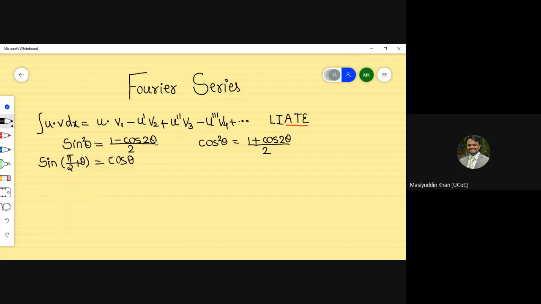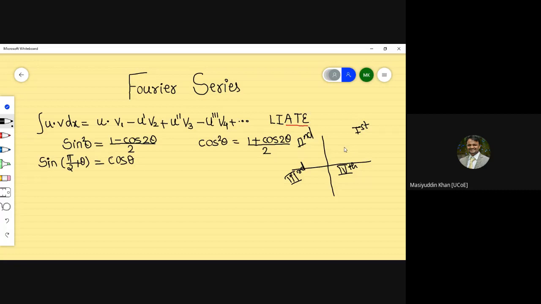So pi by 2 plus theta, meaning 90 plus something, lies in the second quadrant. You can just see that. Suppose this is my first quadrant, this is second, this is third, this is fourth.